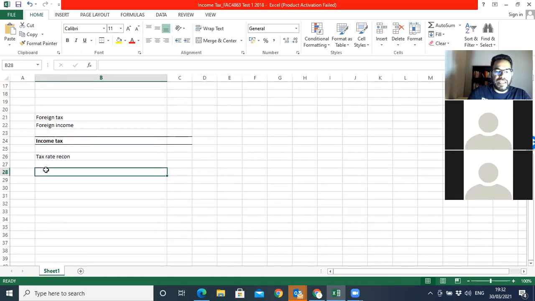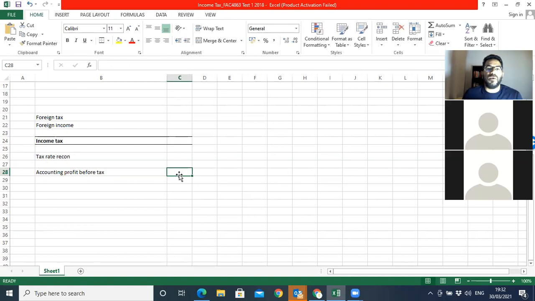The way you're going to do that, start off with profit before tax. More accurately, you must say accounting profit before tax. You must state the words accounting profit before tax. And remember, in this question, there were no adjustments required. Our accounting profit before tax is 5750.